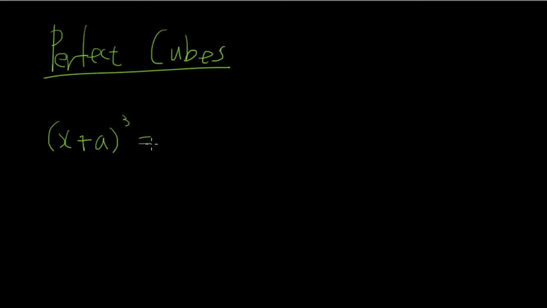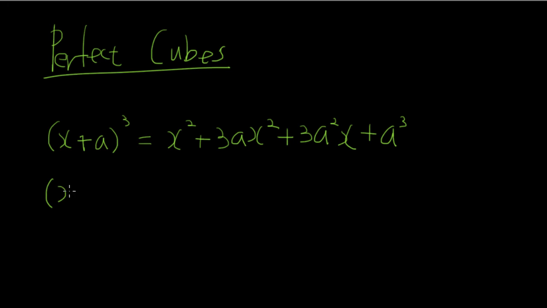This should be x cubed plus 3 times a x squared plus 3 times a squared x plus a cubed.